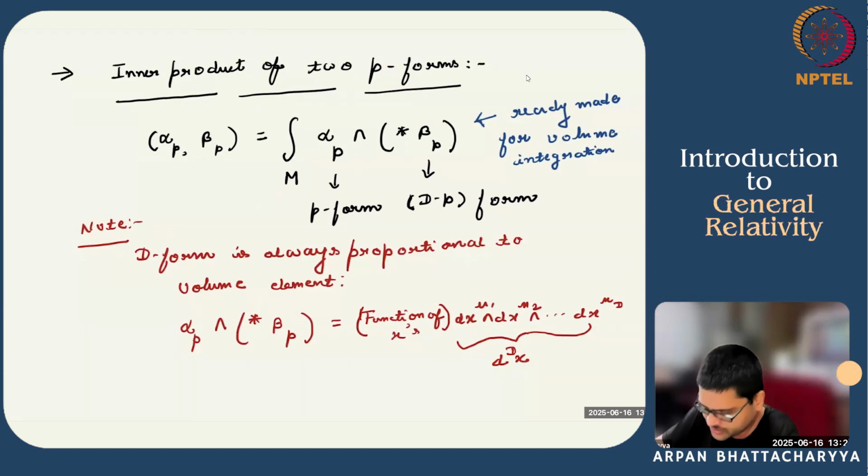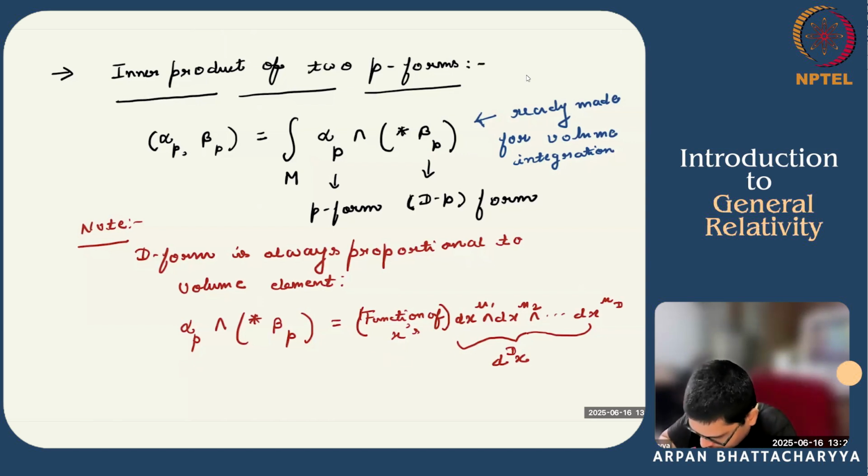Star of p gives you a D minus p form, which is what we just discussed. And the wedge product of a p-form and a D minus p form gives you a D-form. Remember that this actually gives you a ready-made volume integration. How is that the case? Let's quickly discuss that. So alpha p wedge star beta p.